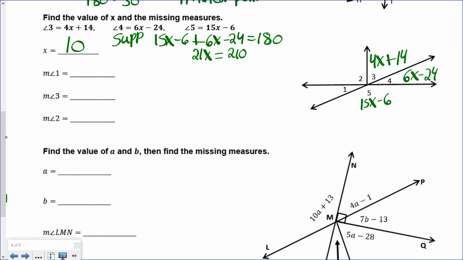Now how would I find angle 1? I don't have anything labeled. Yes, Daniel, you could use vertical angles. I know that angle 1 and angle 4 are going to be the same because they are vertical. So even though they didn't specifically tell me what angle 1 is, I can shift the information from angle 4 down because they're the same.